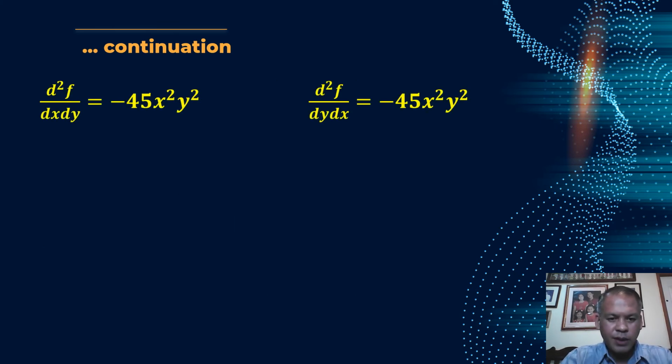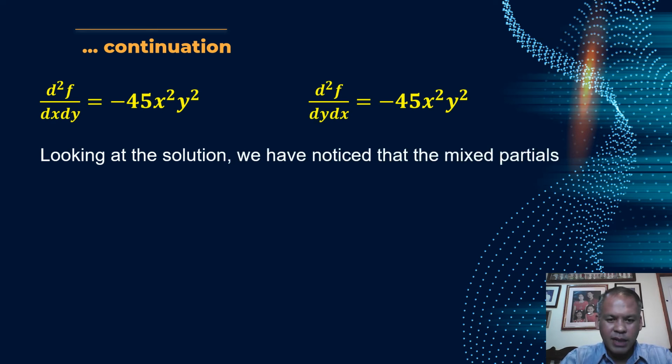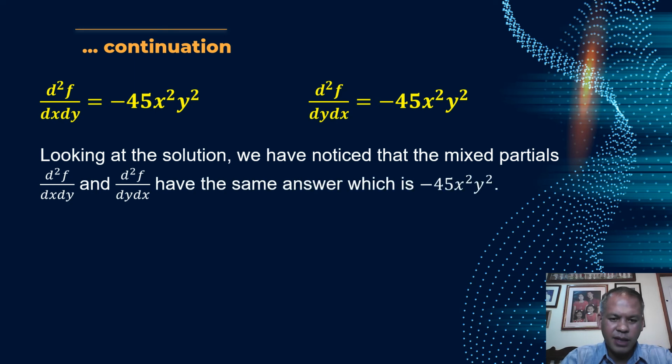So d squared f over dx dy is equal to negative 45x squared y squared, and also d squared f over dy dx is also equal to negative 45x squared y squared. So looking at the solution, we have noticed that the mixed partials d squared f over dx dy and d squared f over dy dx have the same answer, which is negative 45x squared y squared.